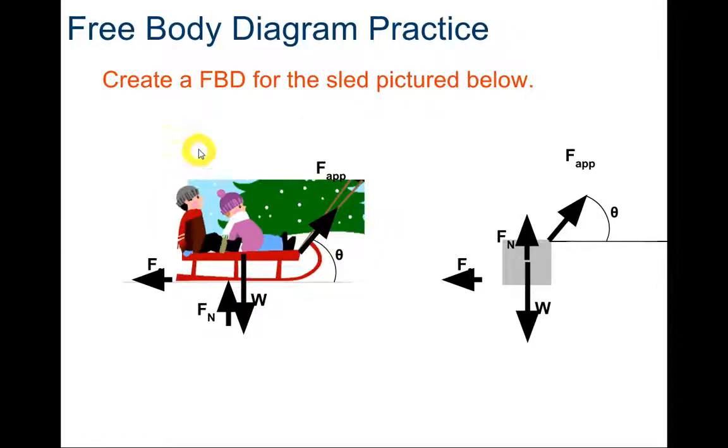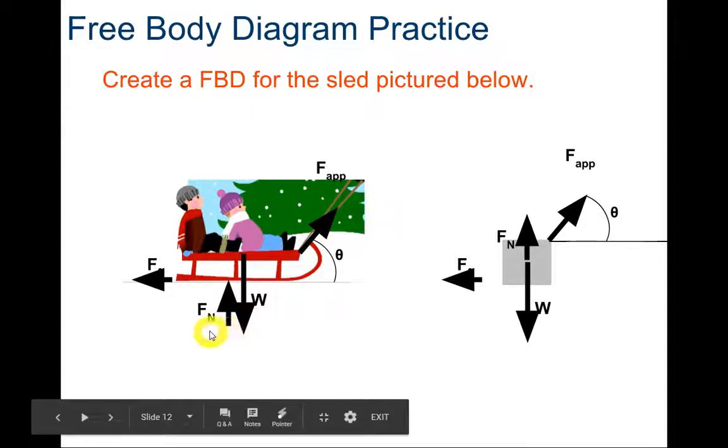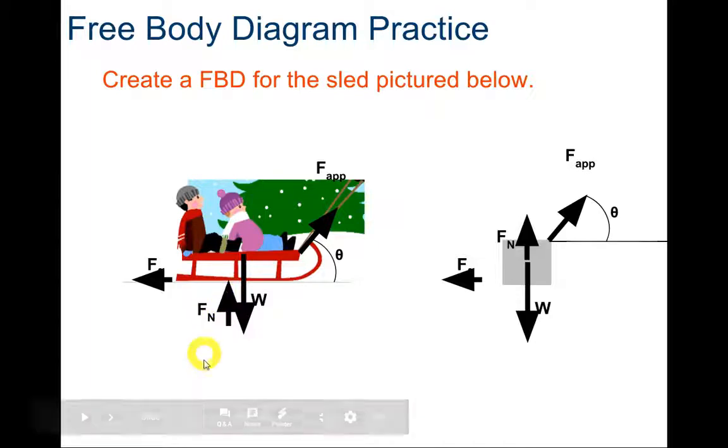Let's go ahead and start with the kids on the sled. So draw your little sled, 2 stick people, and let's talk about the forces that are occurring. First of all, we have the weight of the sled and the kids pushing down. We have a normal force, F sub n, which is the weight of the snow or the ground pushing back up on the sled.